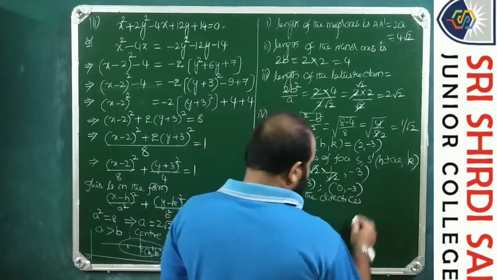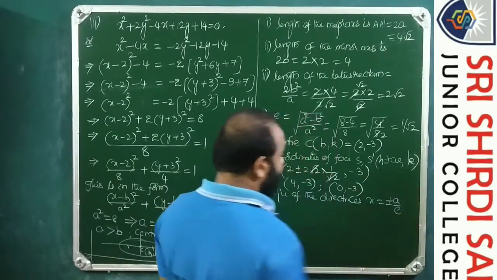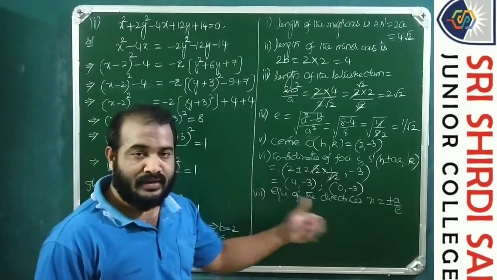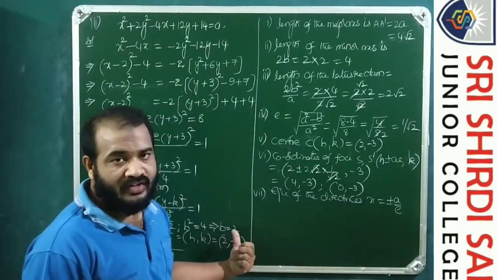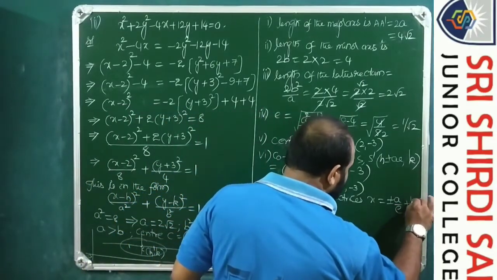Now the equation of the directrices. So x is equal to plus or minus a by e, that is for an ellipse whose center is at the origin. But here shifting of origin has taken place, therefore plus h would be added extra.